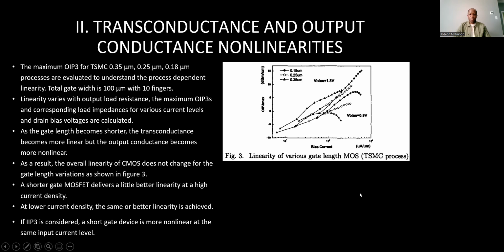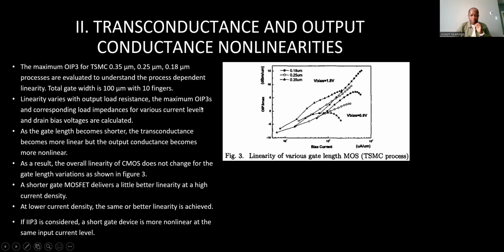Maximum OIP3. TSMC 0.35 micrometer, 0.25 micrometer, and 0.18 micrometer processes are evaluated to understand the process-dependent linearity. Total gate width is 100 micrometer with 10 fingers. Linearity varies with output load resistance.